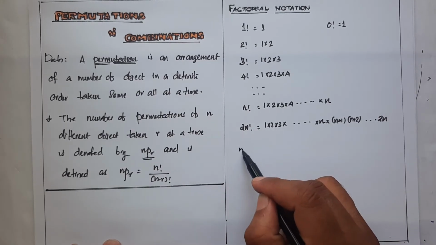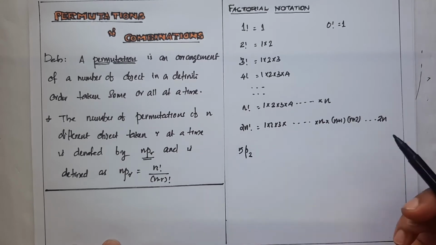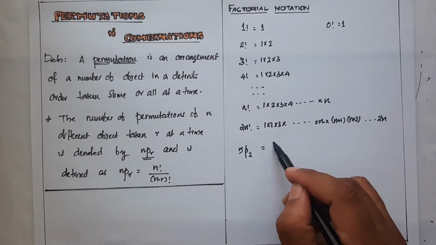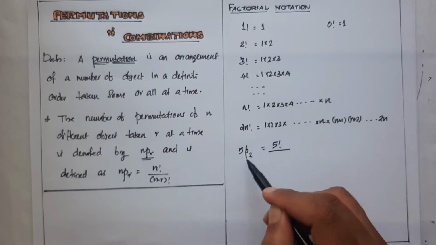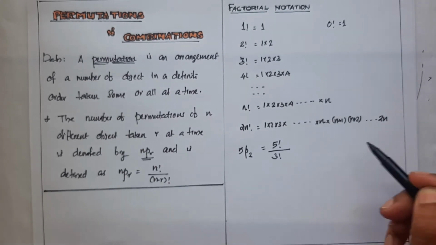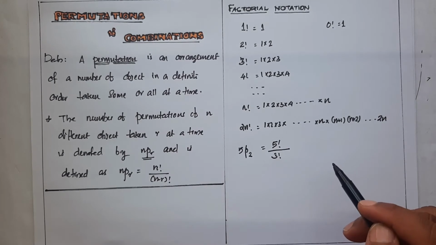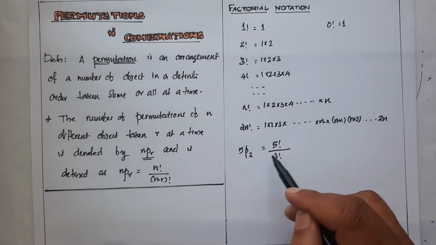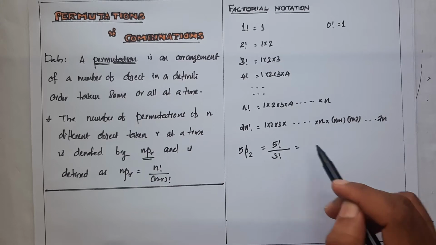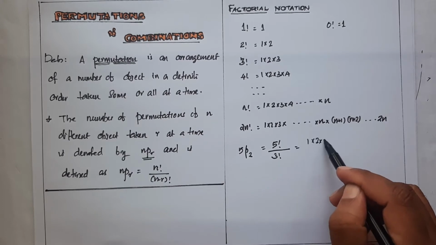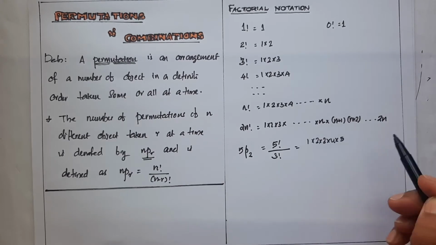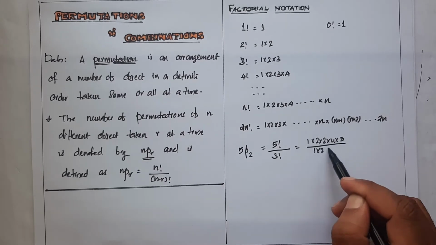Then how to find 5P2? Using the definition, we write 5 factorial divided by 5 minus 2 factorial, because the nPr definition says n factorial by n minus r factorial. You know 5 factorial is 1 into 2 into 3 into 4 into 5, divided by 1 into 2 into 3.